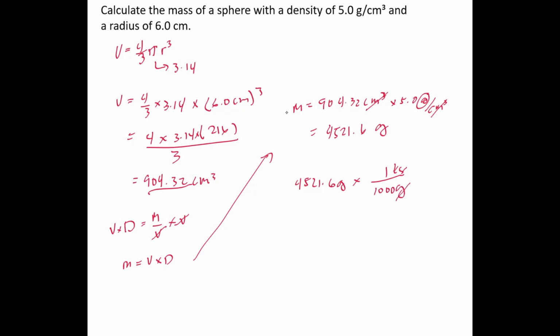We cancel the gram unit, so we'll move the decimal 3 times because of these 3 zeros. So we move it 1, 2, 3. So we have 4.5216 kilograms. Okay, only if the problem requires you to convert it to kilograms, right?